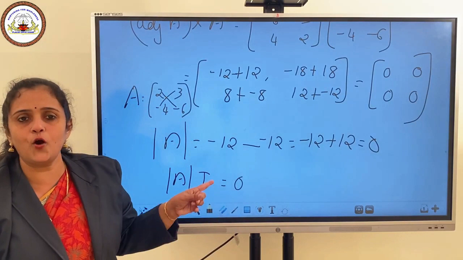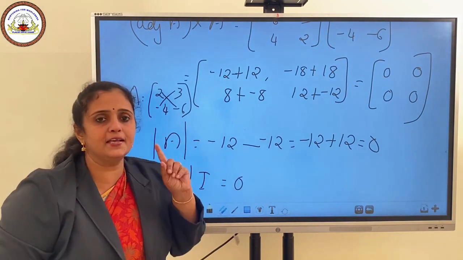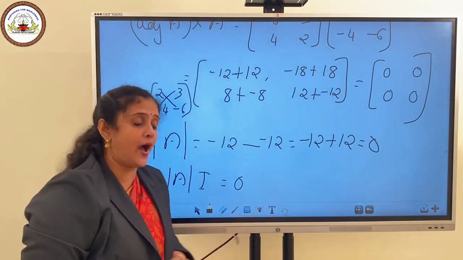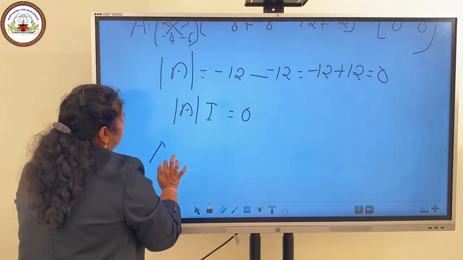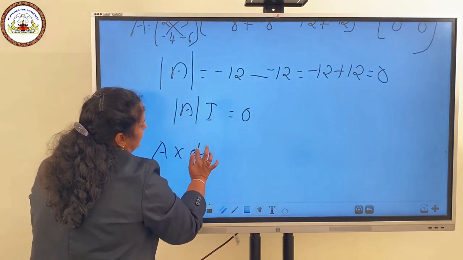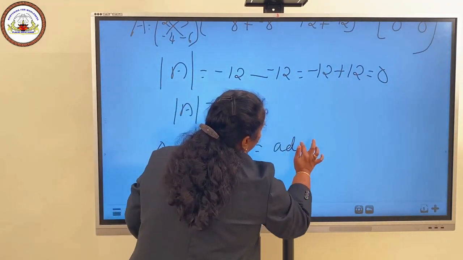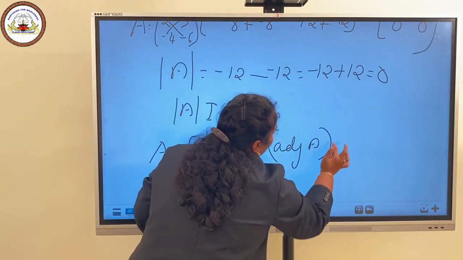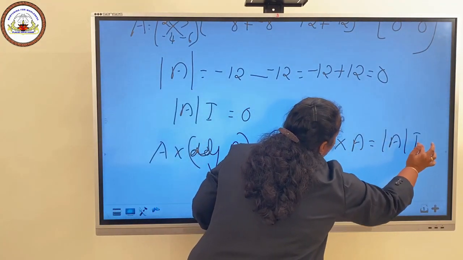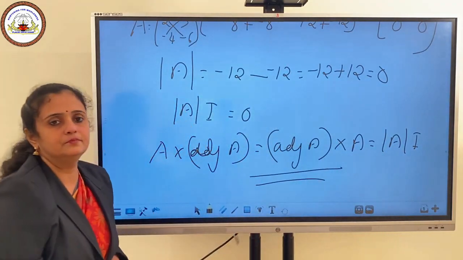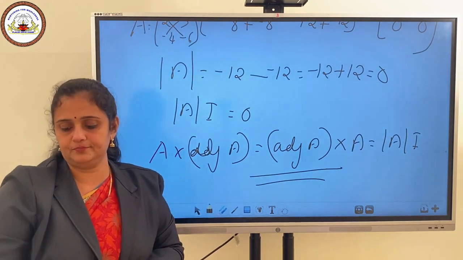Then we verify: A into adjoint of A is equal to adjoint of A into A is equal to determinant of A into I. Okay, we got the answer. Then we can move to the next question.